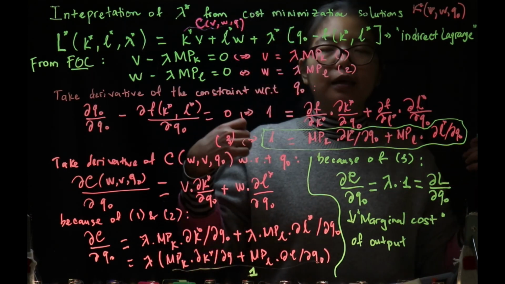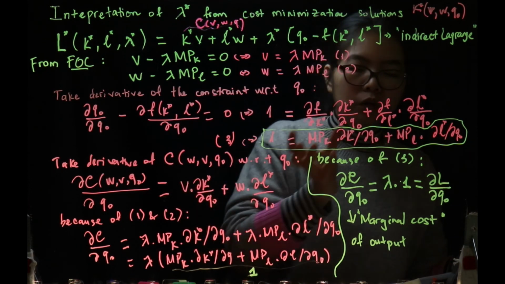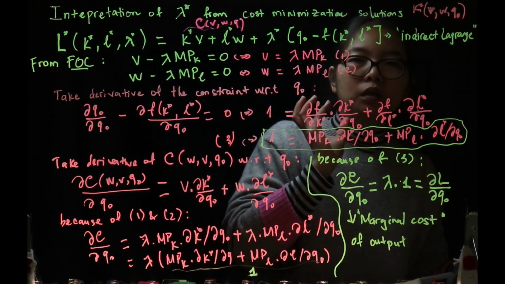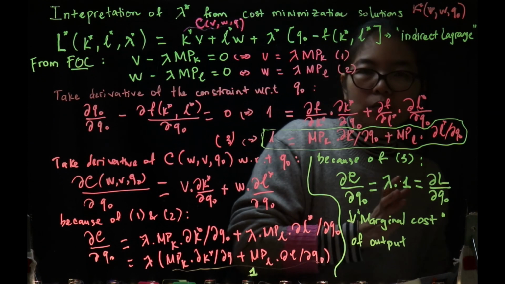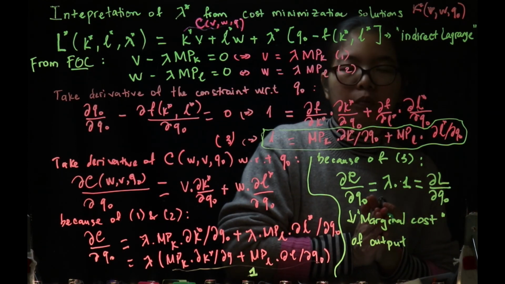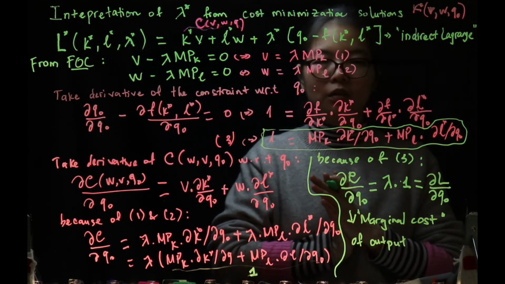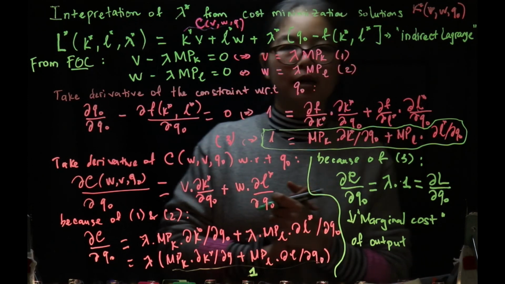That is the cost incurred when you want to produce a small amount more of output quantity Q0. And that's how we understand the lambda.